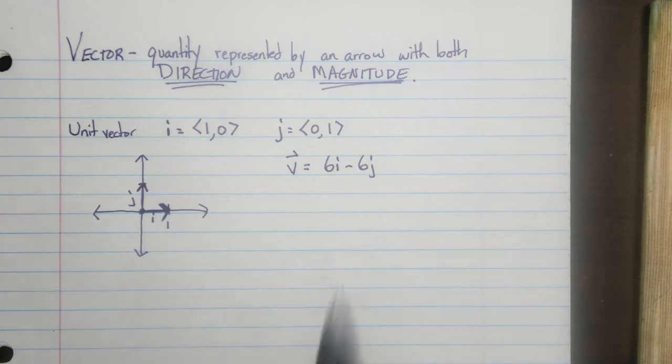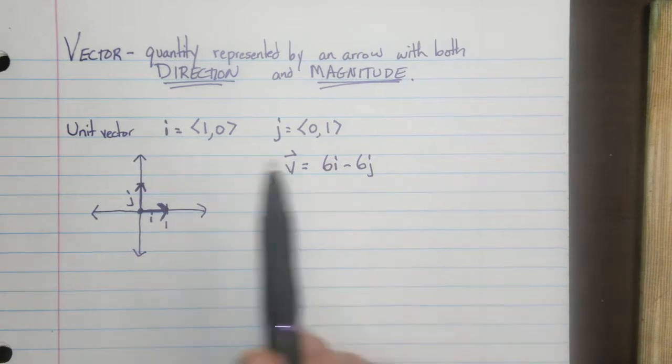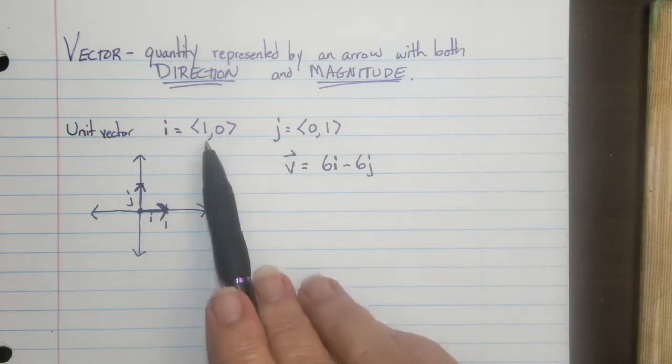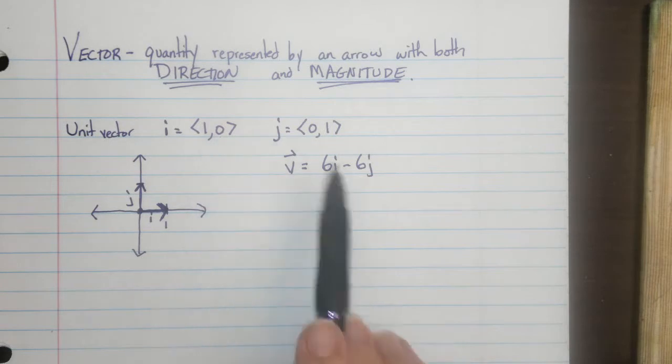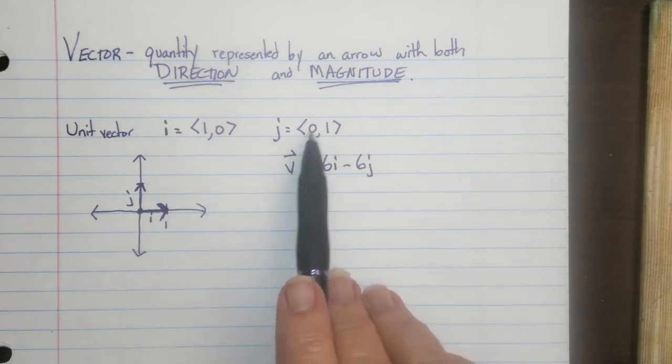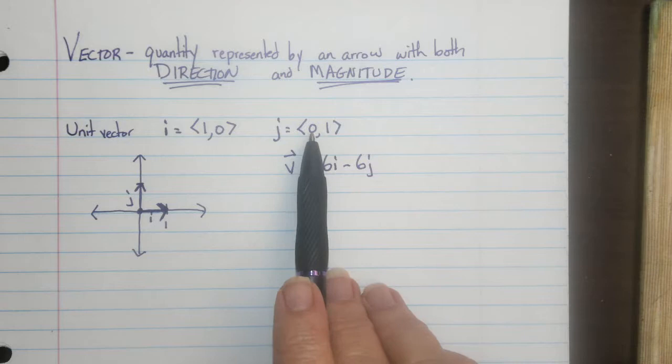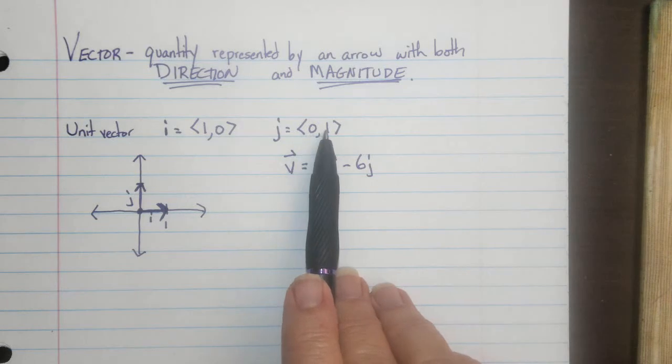And what that would mean is 6 multiplied by this unit vector, so it would mean 6 units horizontally and 0 vertically, and then minus 6 times this vertical vector, so I would be going 6 units down.